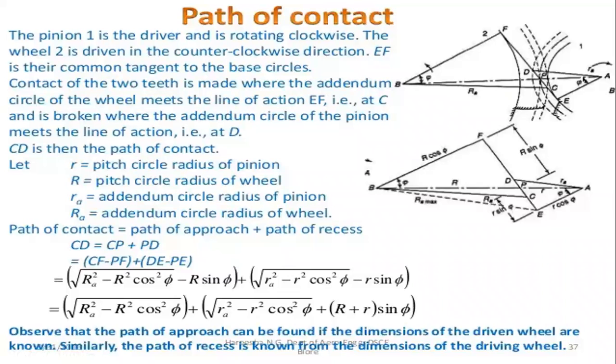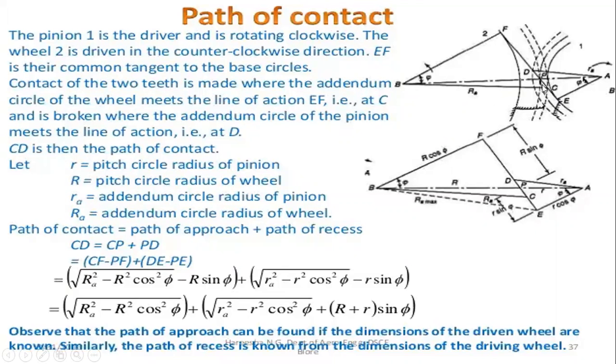When the contact of the two teeth is made at the addendum circle of the wheel, it meets the line of action EF at the point C. You can see the C point here.